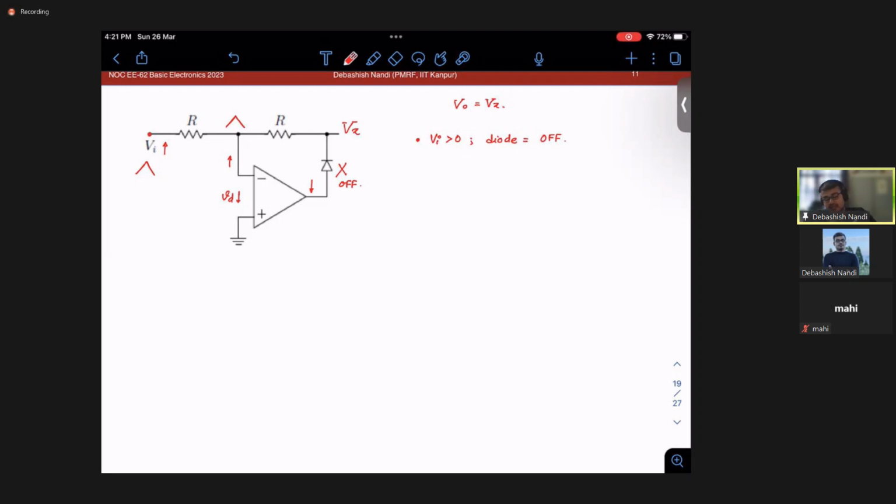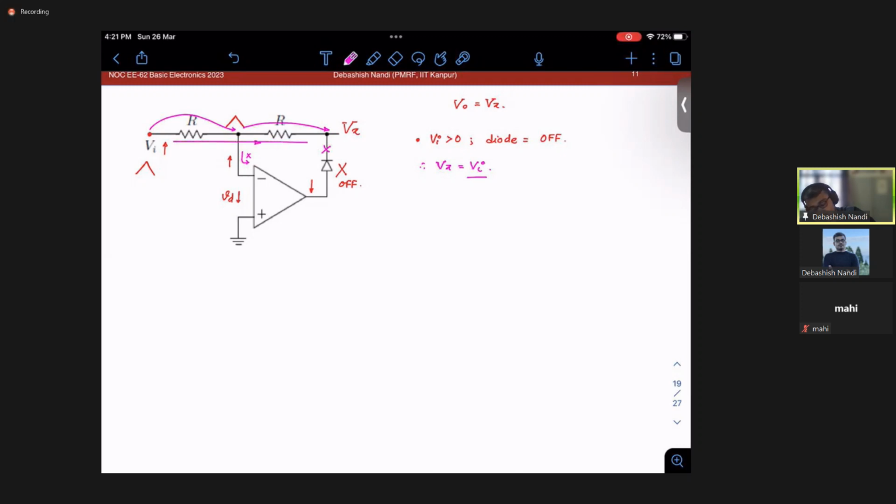So what is the voltage at this point? Vx. This voltage is translated to here, right? So your Vx will be nothing but your Vi. Do you see this? Because there is no current flowing inside, because your op amp is ideal, this is also not present. So all the current will flow from this direction, right?